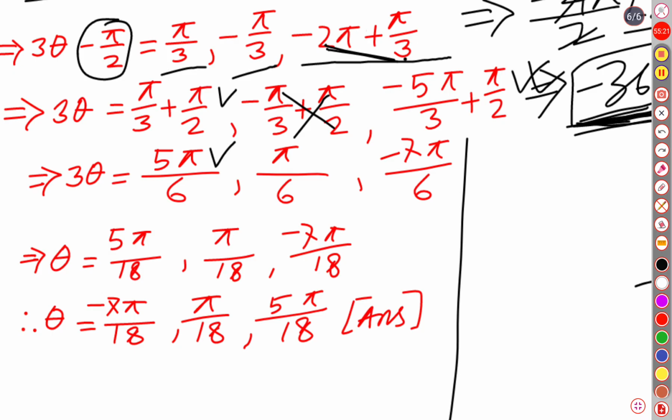Negative 2 plus 3 means positive 1. Then in this case, negative 2 times 5 is negative 10, and positive 3 means negative 7 pi. After that, look, this 3 is not to be on the left side.